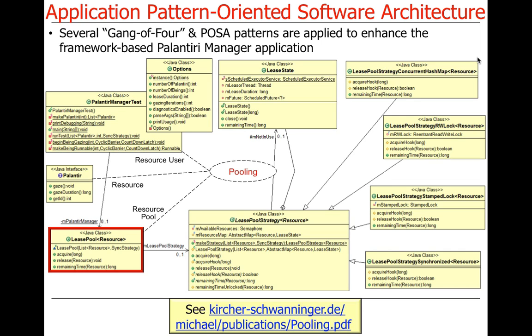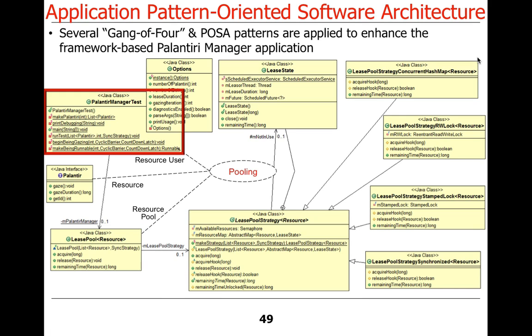You can reuse the resources by putting them back in the pool when you're not using them. That's a good example of what's being done here with the Palantiri for the LeasePool. The test is the resource user, and the resource pool is the pool part.